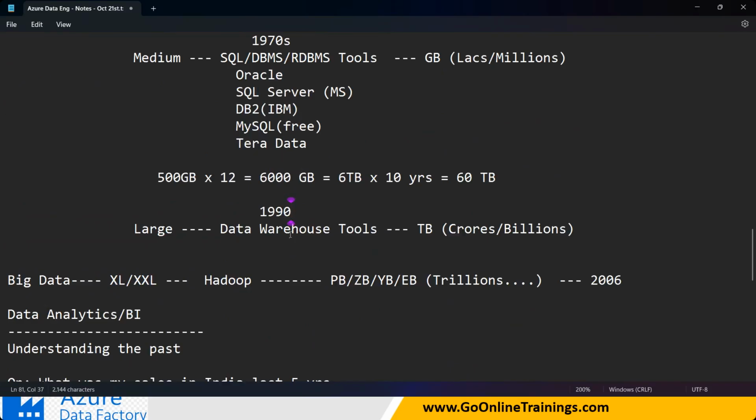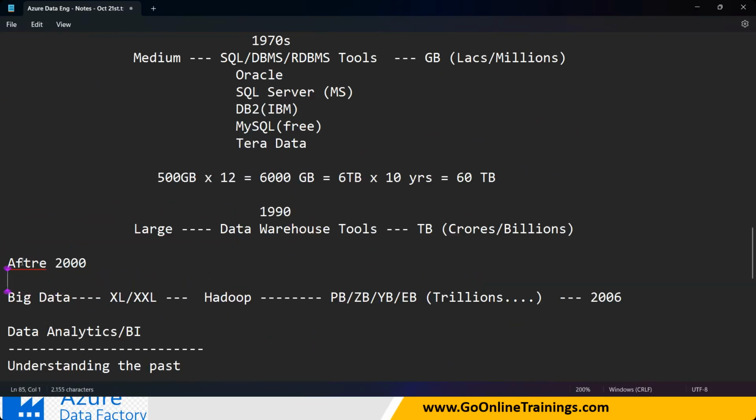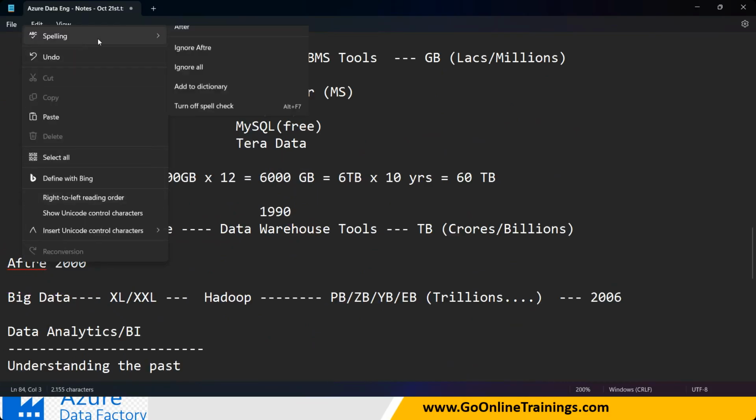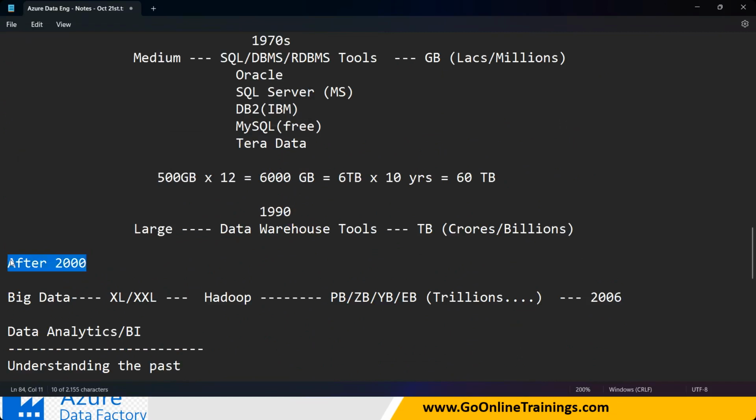After the year 2000, because the internet is heavily used and hardware has become cheaper, many people started buying personal laptops and everything. Social media was introduced after the year 2000. After 2000, so much data started coming in. Clear? Before that, we did not have this much data. From the year 2000 onwards, a new name came into existence: big data. Big data started arriving.